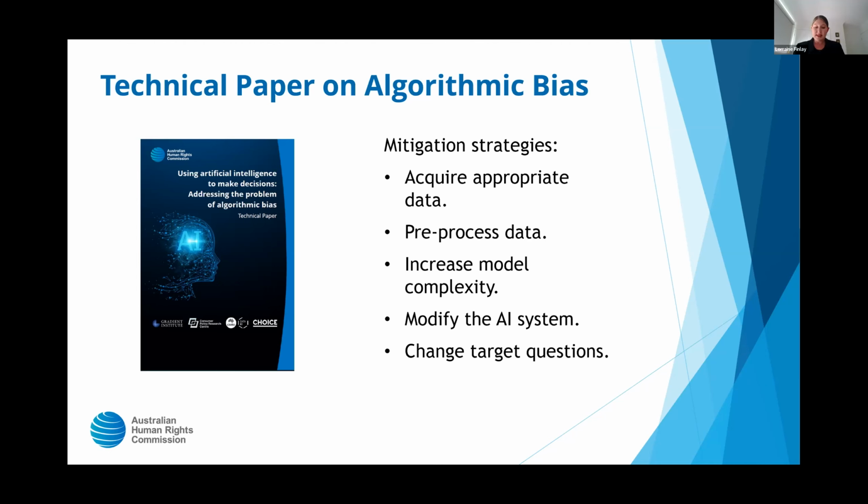The first tested solution to mitigate bias was to acquire more appropriate data which the AI uses to learn. As I've previously stressed, understanding the potential weaknesses and limitations of the data set is fundamental to avoiding bias.